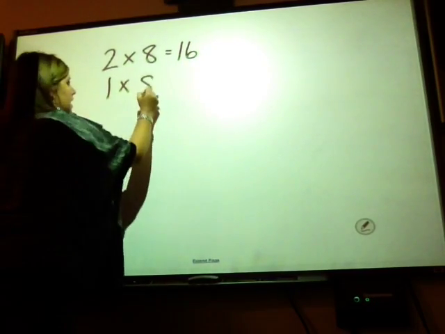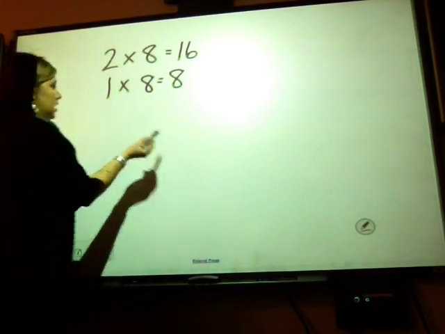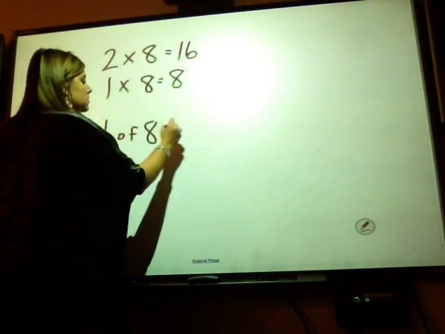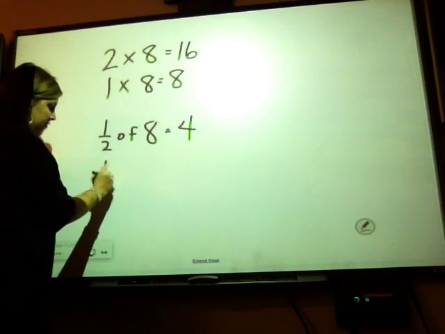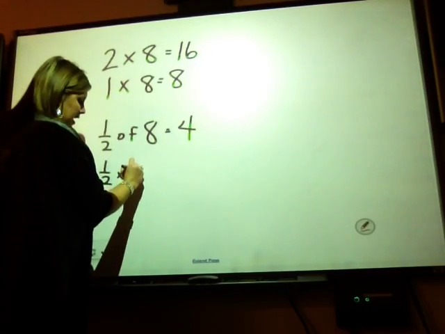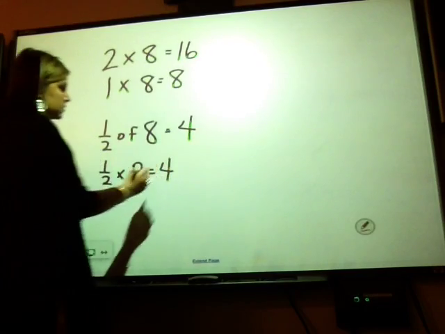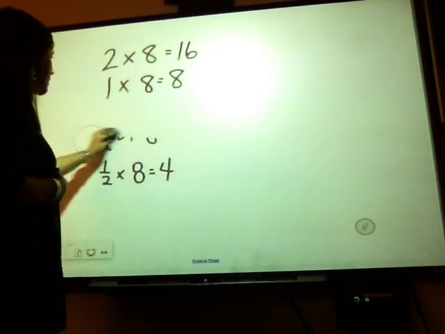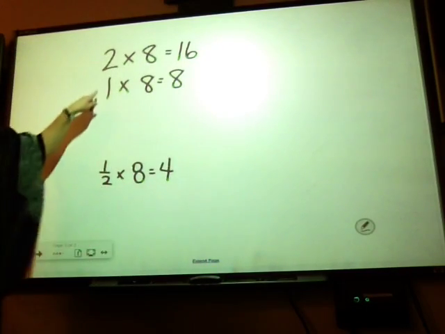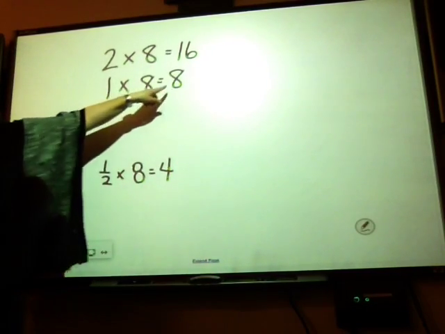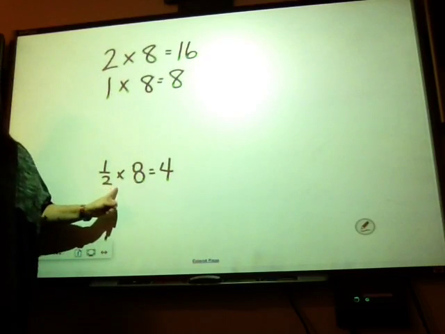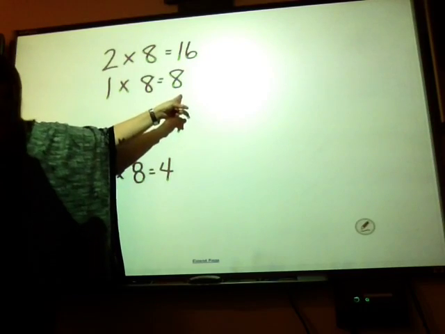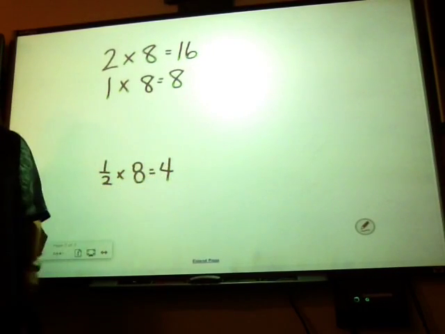What's 1 times 8? 8. Okay. What's half of 8? 4. Which is the same thing as half times 8, or half of 8. Because I'm multiplying by a fraction, 1 whole gets me 8. Am I working with 1 whole? No. So my answer is going to be smaller than 8.